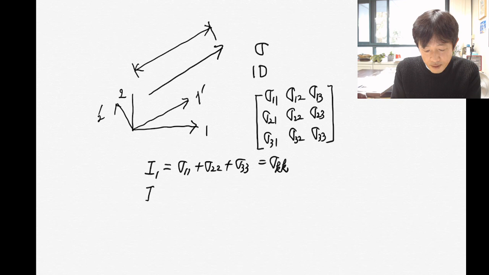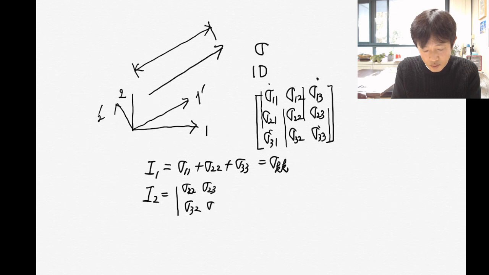The second invariant is the sum of subdeterminants. The subdeterminant is here, and this is the second subdeterminant, and the third is the subdeterminant with these 4 different components. So the sum of subdeterminants is given by the determinant of sigma 2 2, 2 3, sigma 3 2, 3 3, plus the determinant of sigma 1 1, 1 3, sigma 3 1, and sigma 3 3.